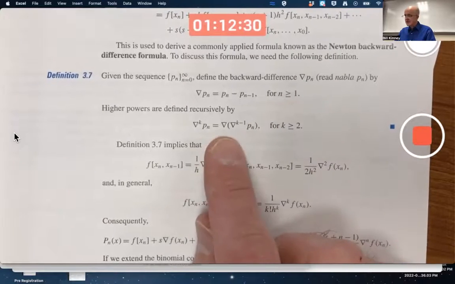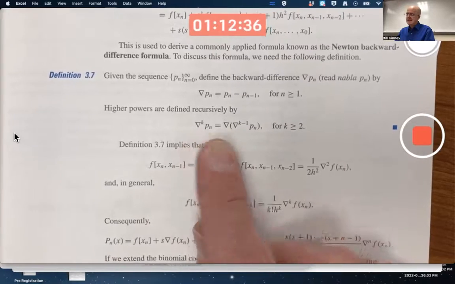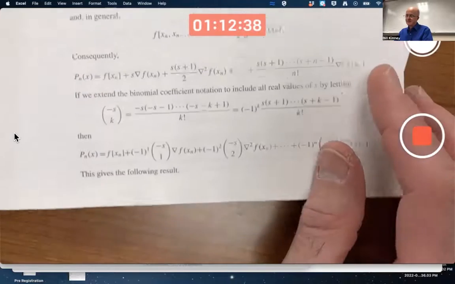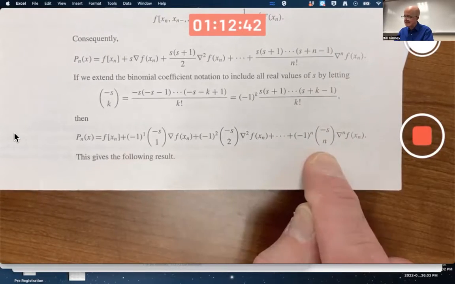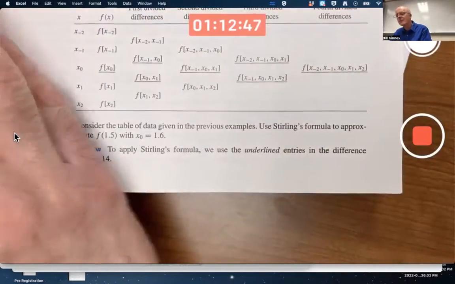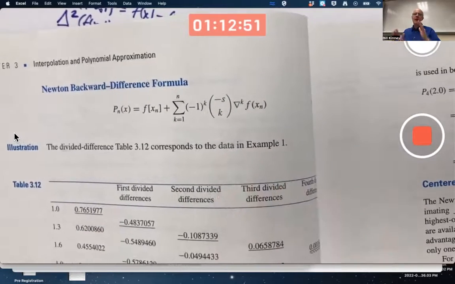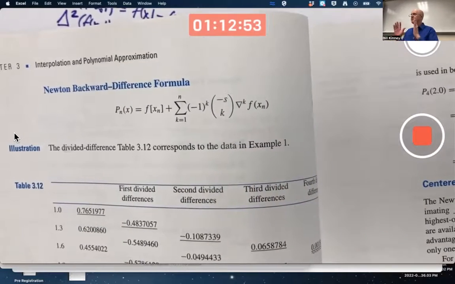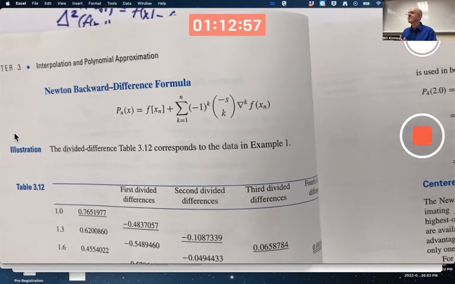You can do it inductively. You can raise nabla to the k power, meaning apply nabla k times. In the end, you can derive the formula to look like this. Or with summation notation, like that. However, before you try to understand what this means, you need to realize something.